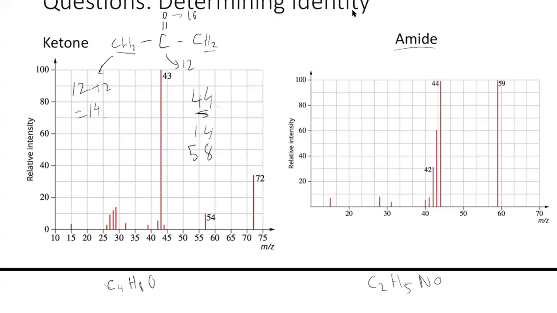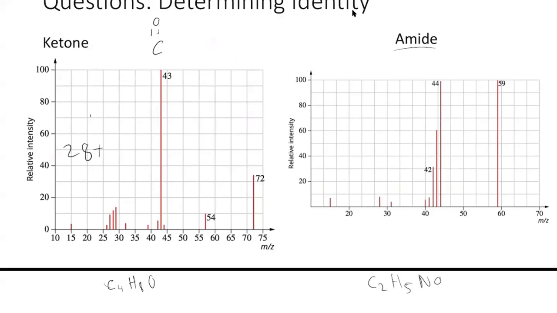Sorry, allow me to backtrack for just a second. We've got that CO group, and that contributes 12 plus 16, which is 28. Then let's say we have one CH2 group on that side, so that's plus 14.